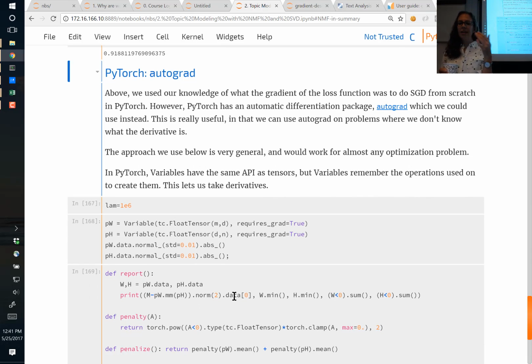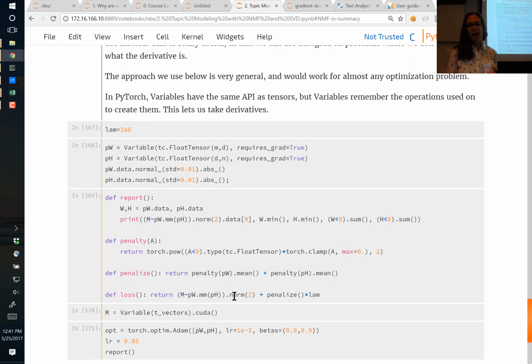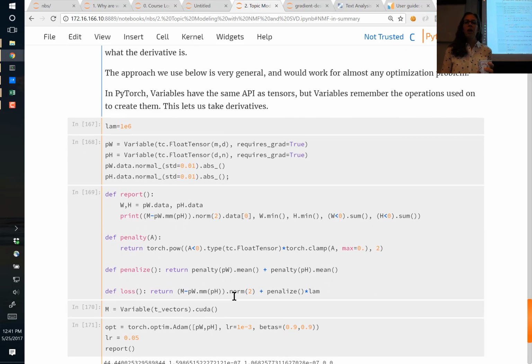AutoGrad will do automatic differentiation. If you give it a method, it finds the derivative for you. This is great because you can use it on stuff where you don't even know what the derivative is. The approach I'm about to show would work for almost any optimization problem.